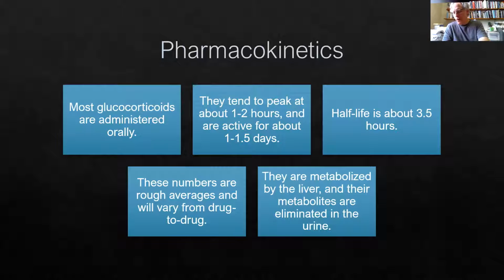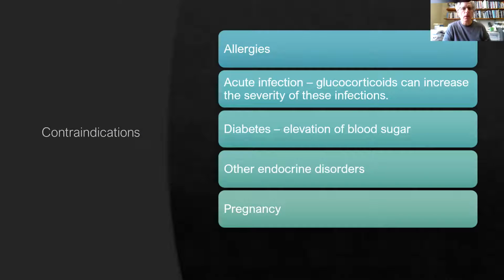Some other drugs that activate or inhibit cytochrome P450-3A4 can extend the function of some of these steroids. Some people can be allergic to them or to components in the preparations.